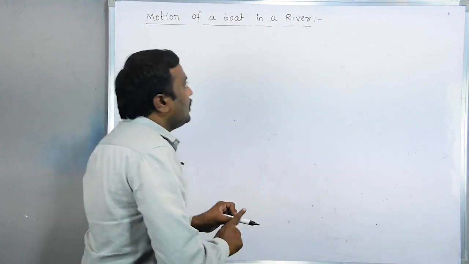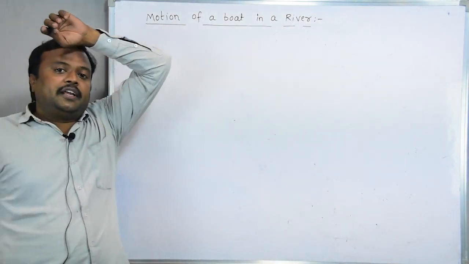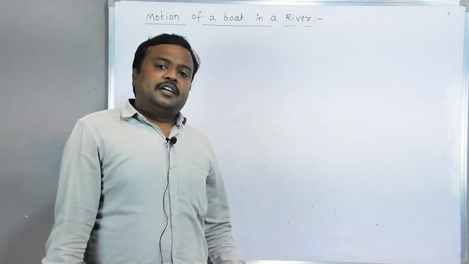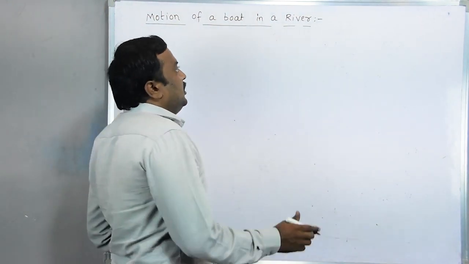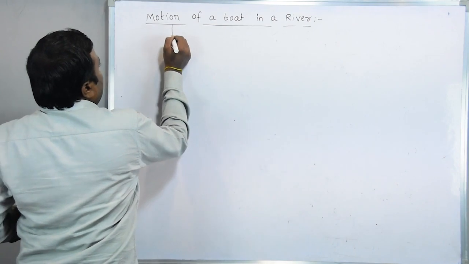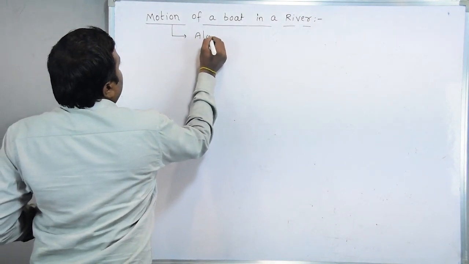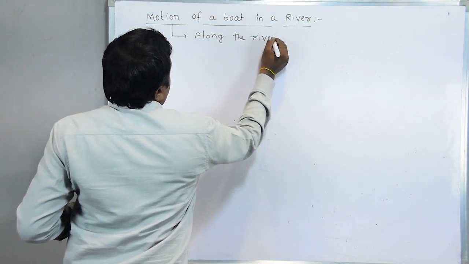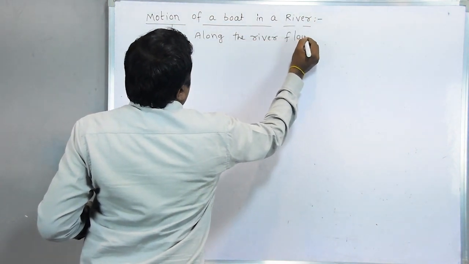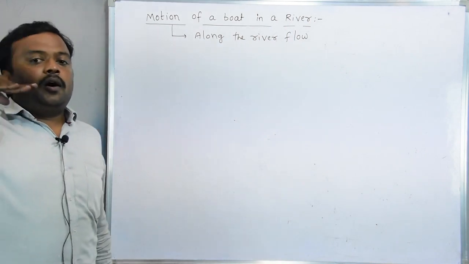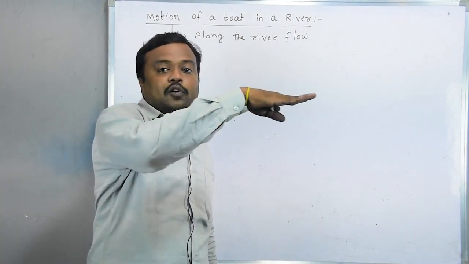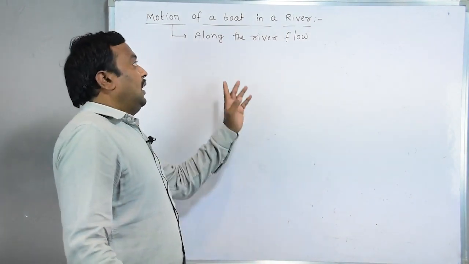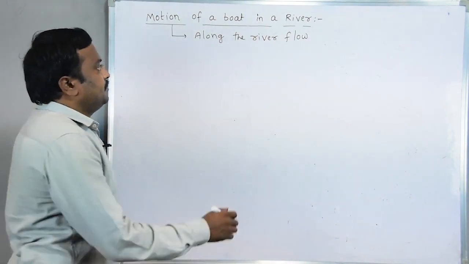So for motion of a boat in a river, mainly two possibilities will come. First possibility, motion is along the river flow. In the direction of flow of river or opposite direction to the flow of river, that is along the line of river flow.